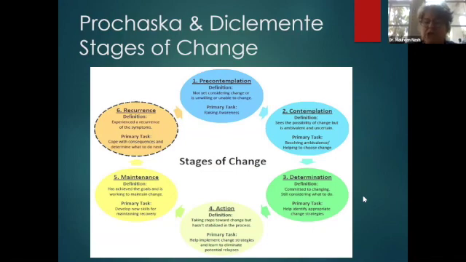The next stage is determination, getting committed to changing, considering how to change and what to change. That's the point where you want to work on tangible things that people can do, and look at change strategies. The next step is the action stage, where people are actually trying to change, trying out different methods to decrease their substance use. They're going to be in a spot where some days are going to be better than others.